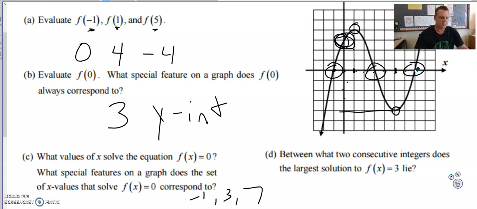And then it says, between what 2 consecutive integers does the largest solution to f of x equals 3 lie? Okay, so where is the largest solution? And I'm running out of time here. So it is between 7 and 8. Okay, because that's where the largest solution will lie.